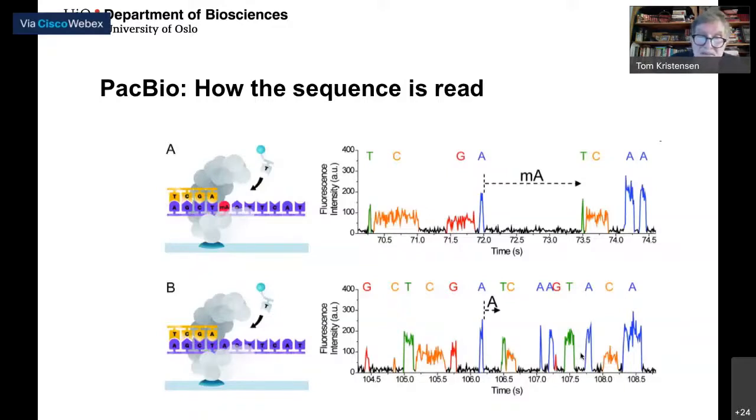The time scale here is that for each of the incorporations, I mean, in this figure, it takes about 1 second for each incorporation. In real life, they claim that at least tens of nucleotides are incorporated per second and identified in this reaction.